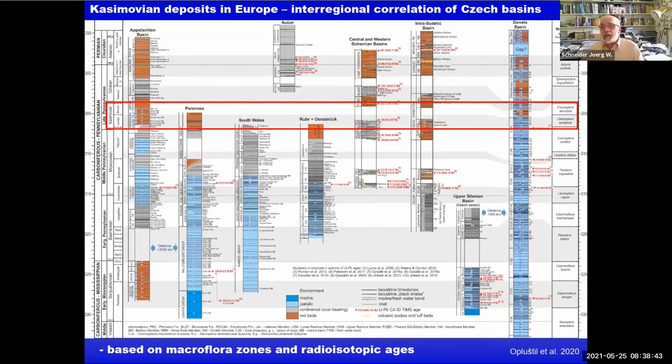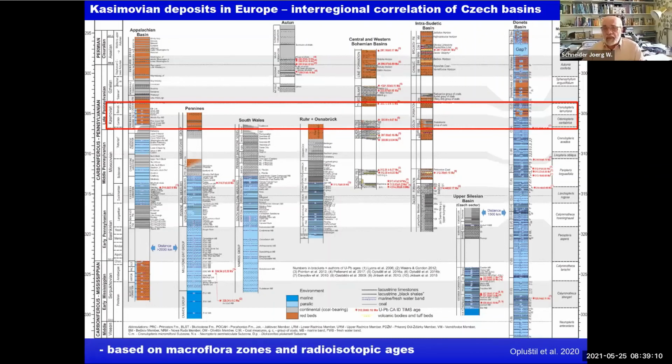concerning tectonic events, yes. If we look, for example, at the Sarnar Basin, based on the coalification rank, they assume an erosion of 3,000 to 4,000 meters of Moscovian sediments before or inside the Kasimovian.